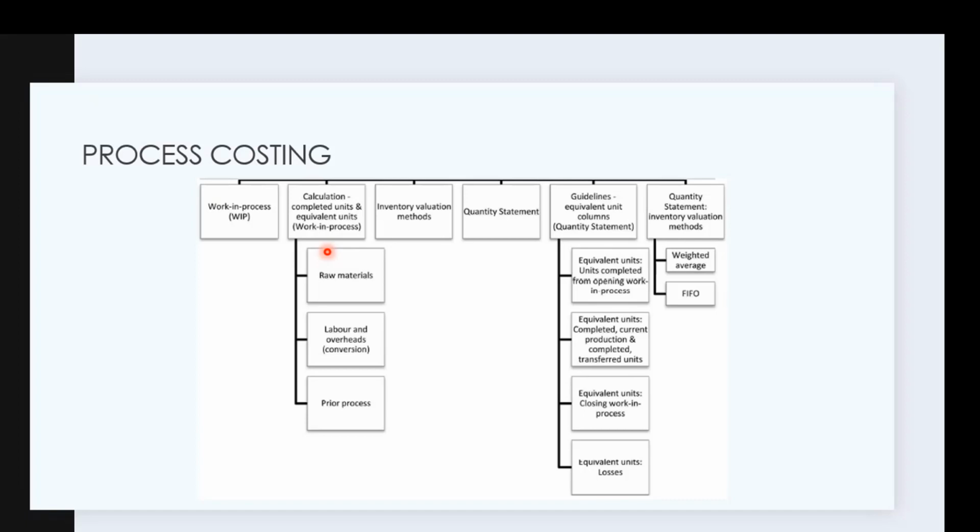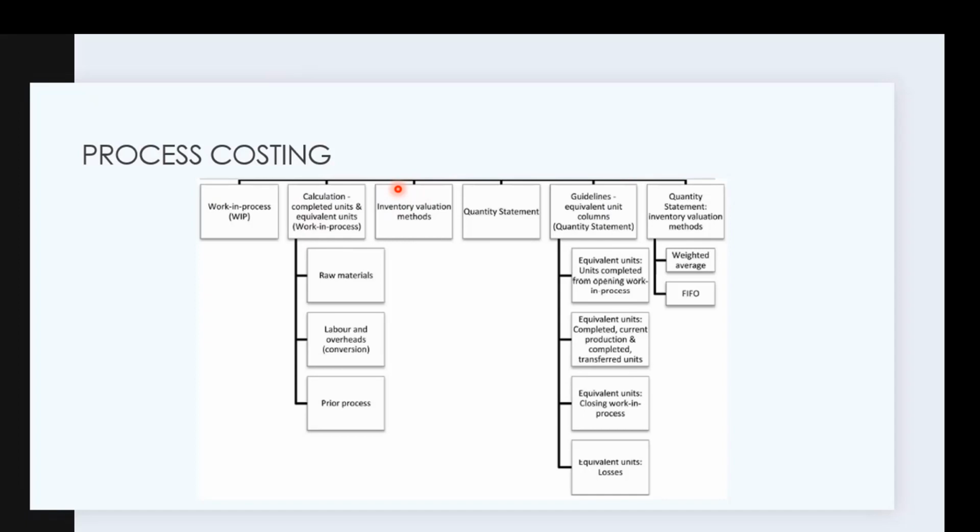Okay. So this week we are looking at work in process. We are looking at how to calculate your equivalent units, and also how to treat your process costing according to the inventory valuation methods that you would have used, right? Cool.